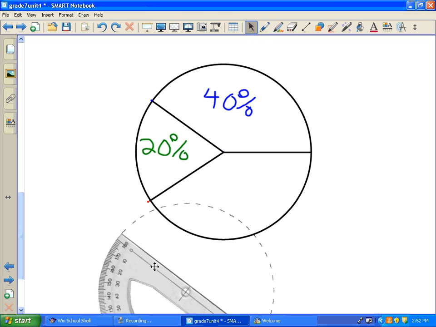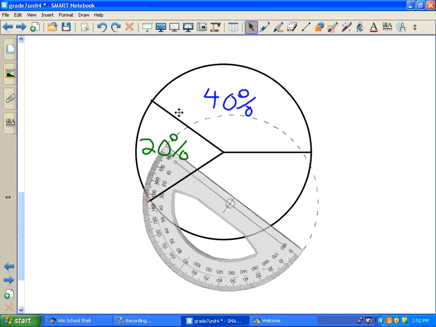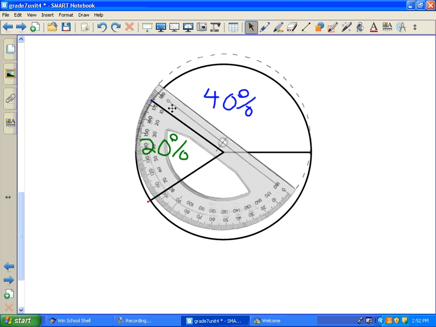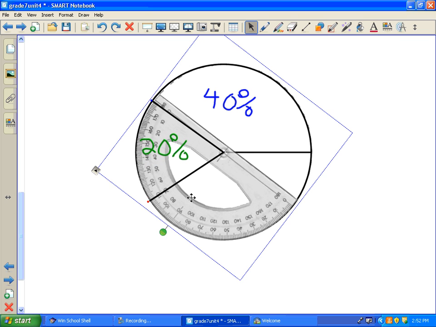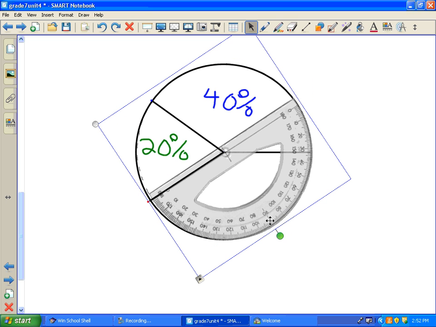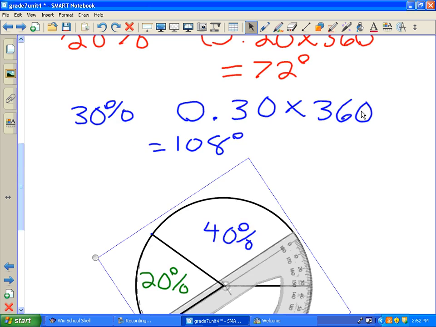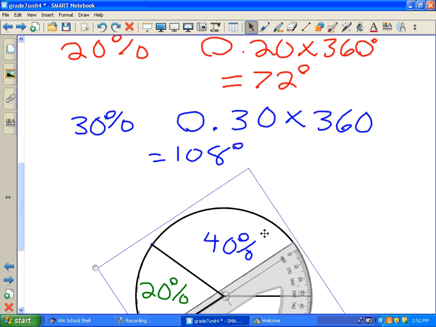The final one to do is start with this being my 0 line again. Line it right up there on the center. Rotate. You can either rotate your paper or move your protractor so that it lines up right on the 0. And then I need, let's see, 108 degrees.